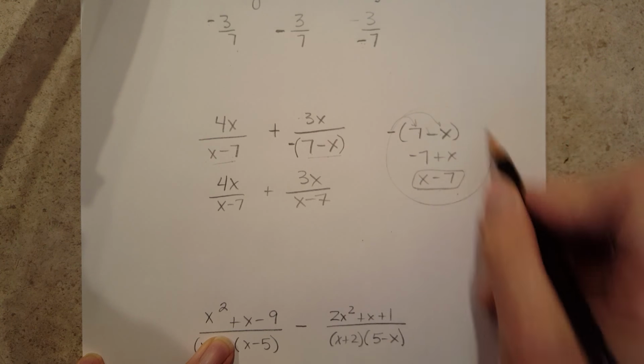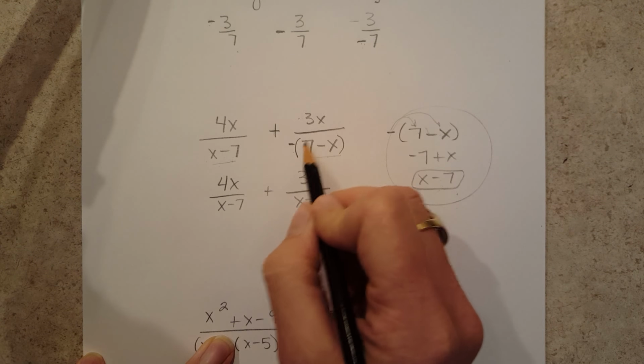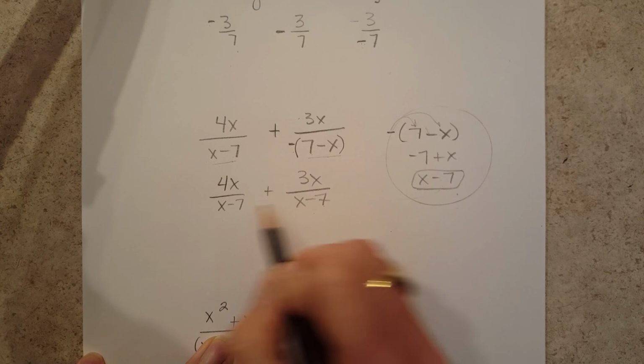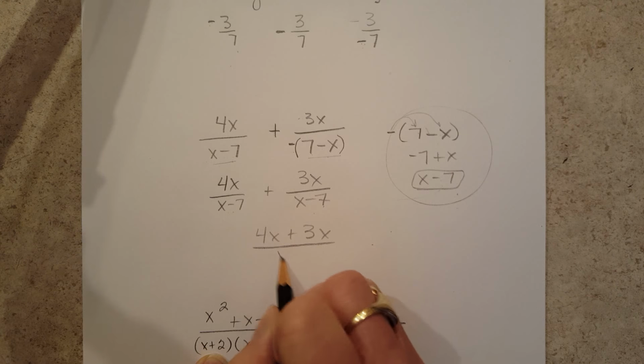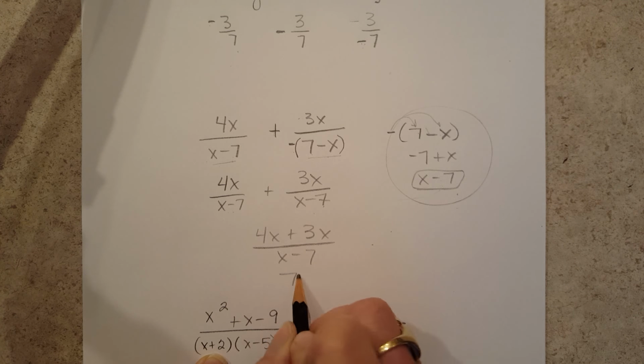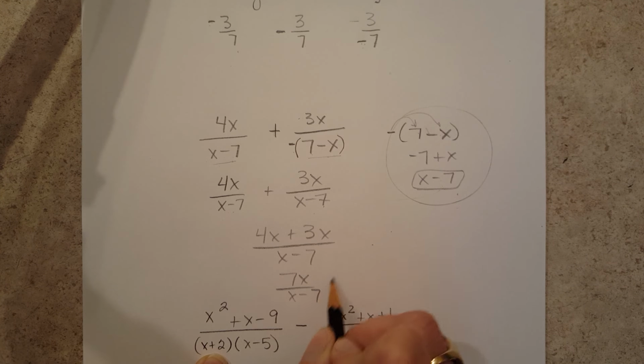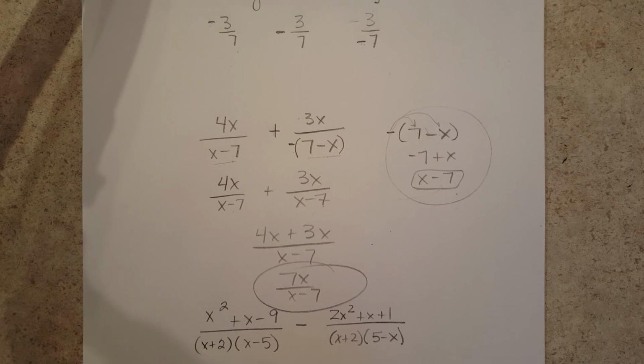Because we strategically put it here, it made this flip around. And now we have common denominators, so we can just add those two, and it will equal that. Isn't that cool? Simple, cool, and helpful because it cleans everything up, okay?